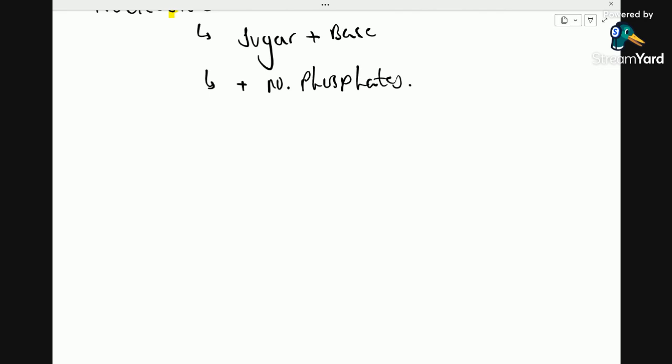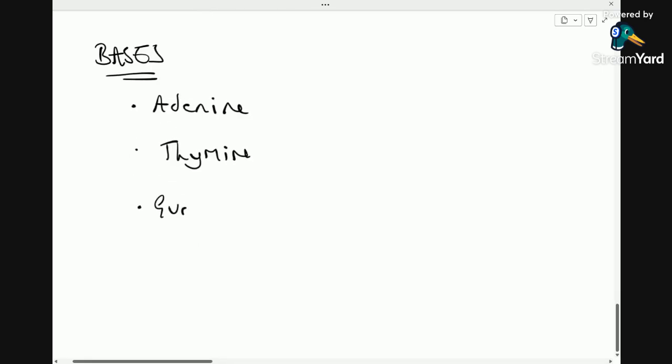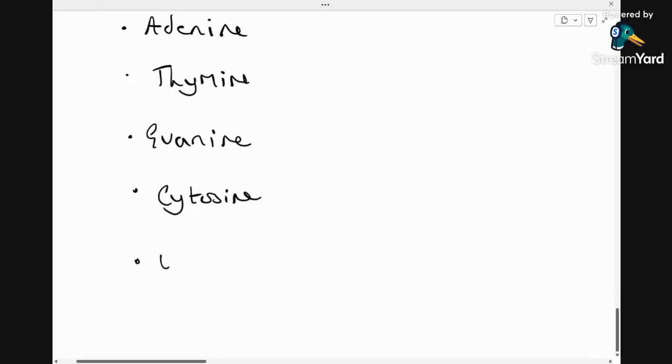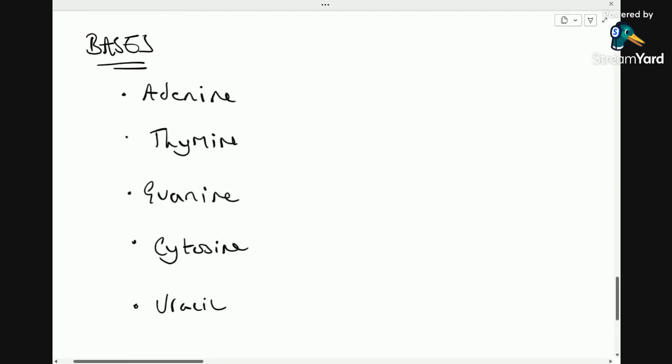You need to know that the bases, the organic bases, are adenine, thymine, both forming 2 hydrogen bonds, guanine, and cytosine. And we're going to put uracil in as well. There we go. Those are the bases.